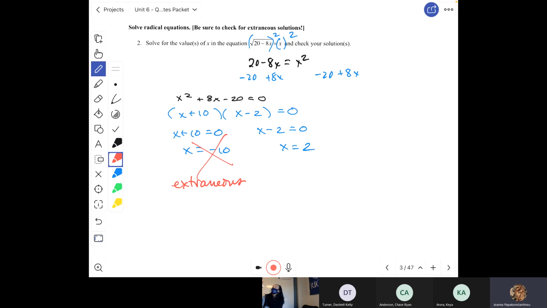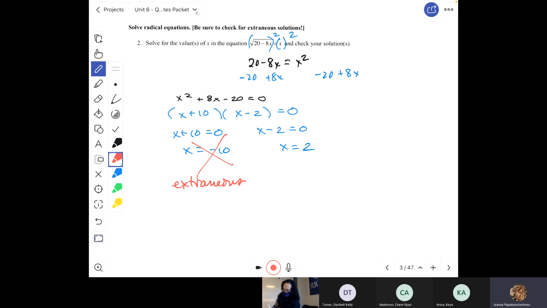But then I am also looking to see that you checked it and realized that x equal -10 is extraneous. I'm sorry? What is extraneous? Extra. It doesn't count. It's not valid. It's not an actual solution. Algebraically, we arrived at that value, but when substituted back into the original equation, it is not true. Okay? So I need to see you mark it and write extraneous. So I know you found it, but it's not an actual solution.